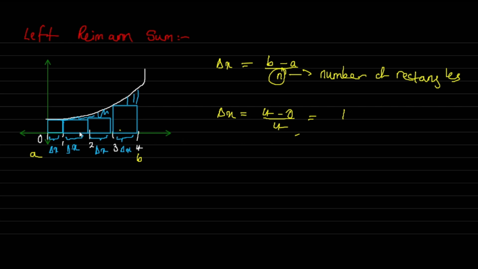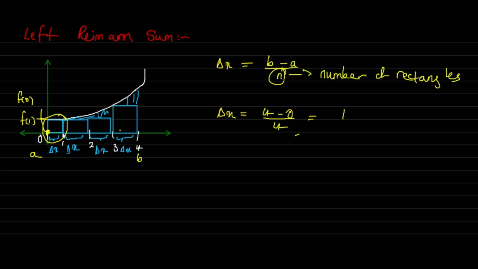So if I want to find the area of this rectangle, I know that delta x is common. It's the same for all of them, but the height of the function is different at every point. So for this rectangle, since it's the left Riemann sum, the initial point is 0. And that means that I am going to find f of 0. F of 0 would be the height, right?